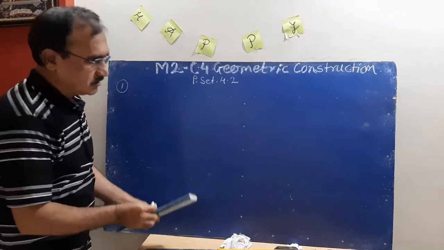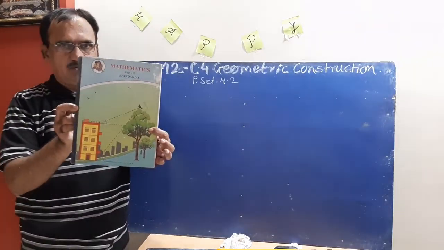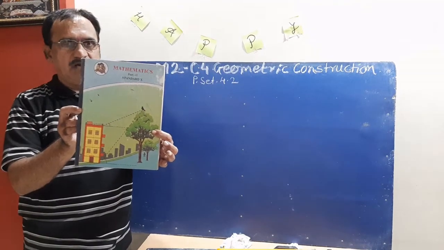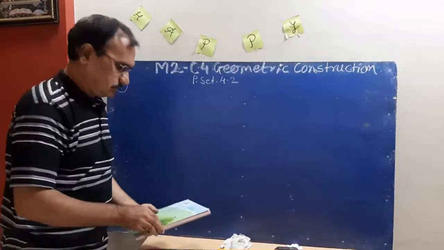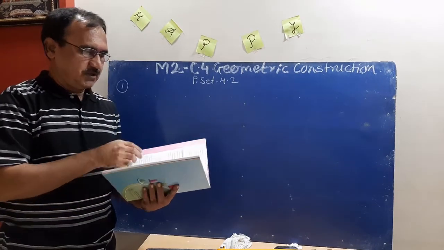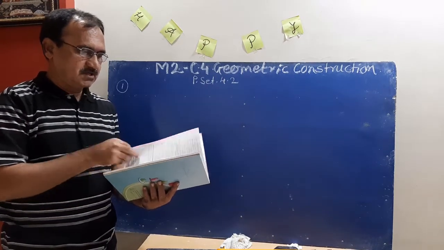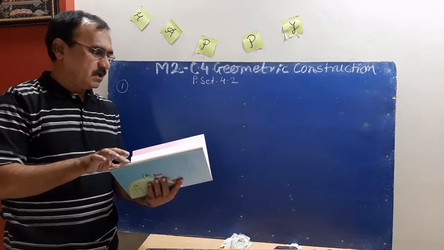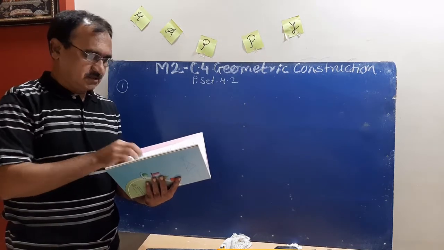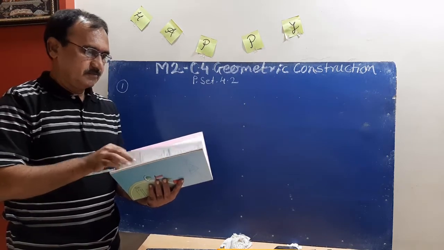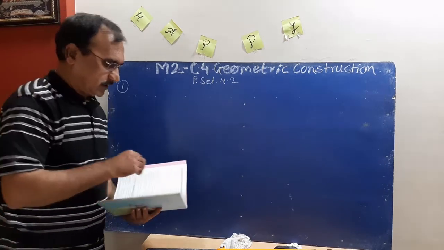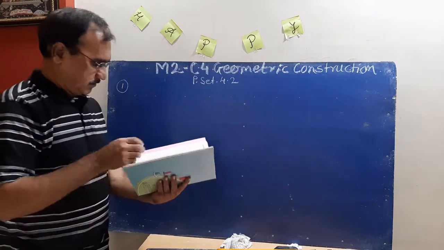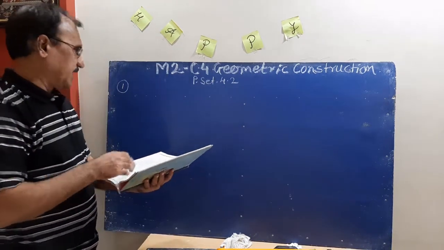Construction number 1. This is our textbook, Maths Part 2. See the first example, or first construction, from 4.2 and write it down first. There are only 2 practice sets in this chapter.